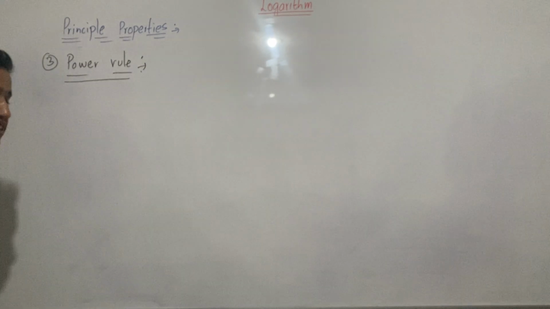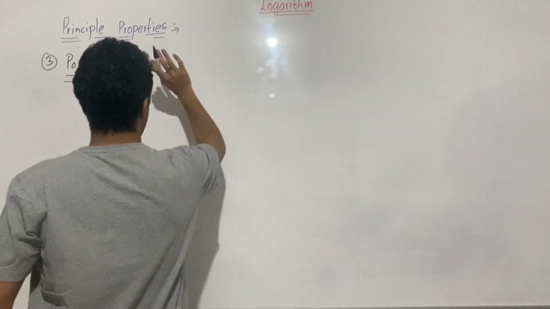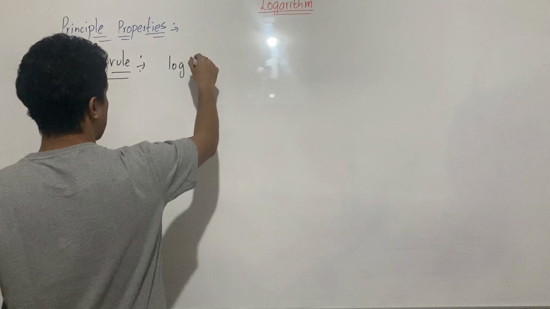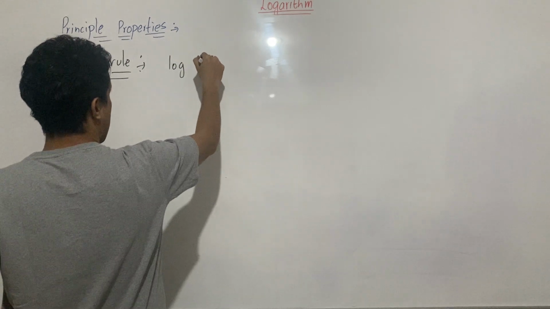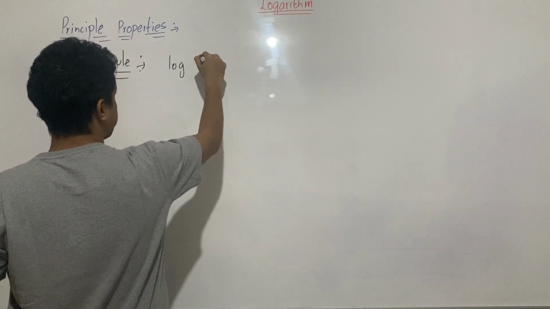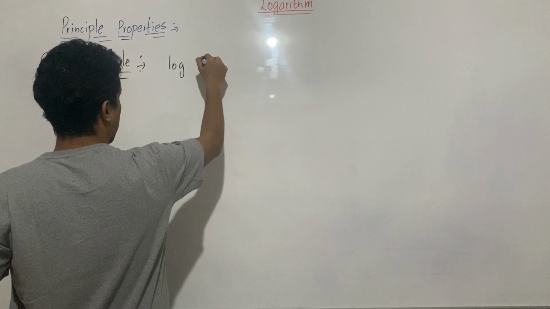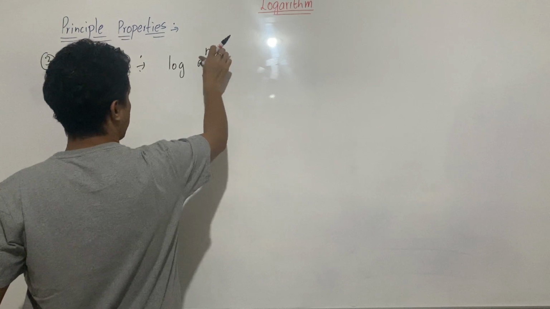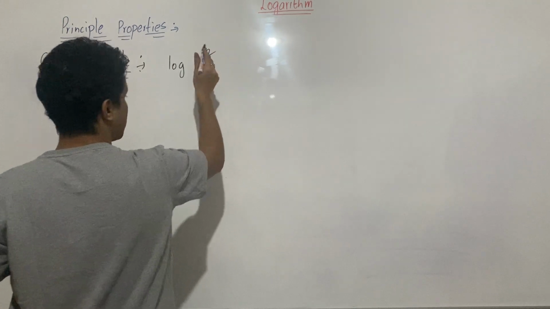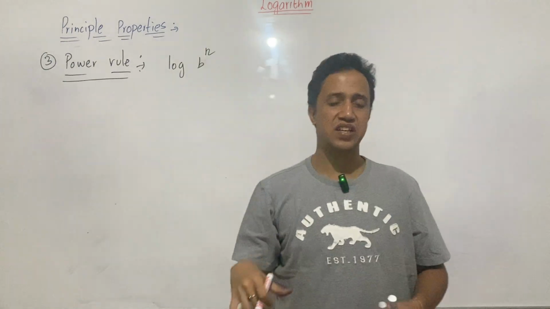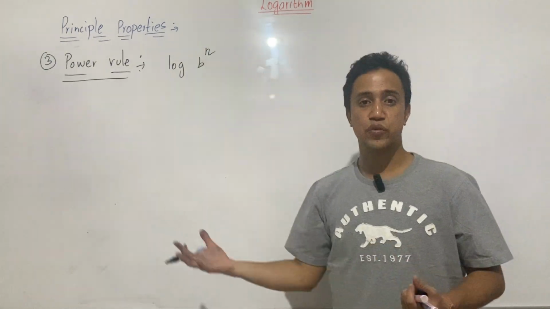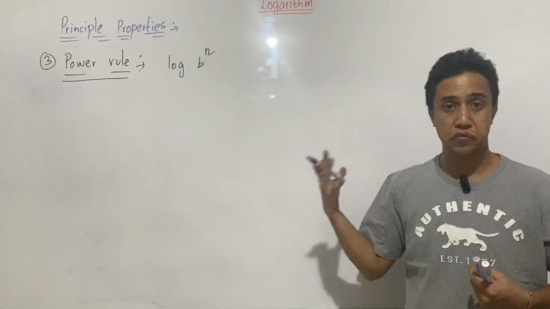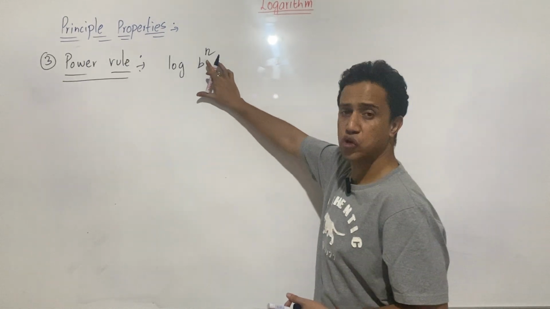And what does it say? It says that log of b raised to n, because previously whenever we did the general cases, we always took b.